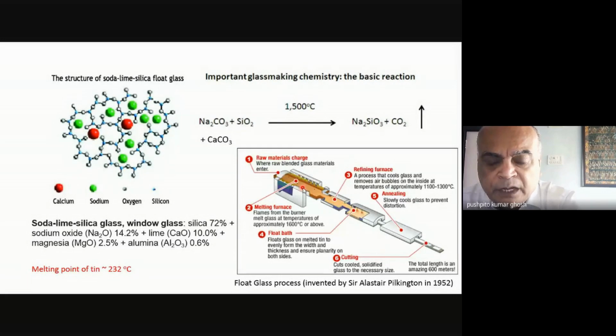Now, this person, Sir Alastair Pilkington, got the knighthood because of his invention, and you can see it was invented about 70 years ago. This is the first time he made flat sheet glass, which is transparent and smooth on both sides, this way.